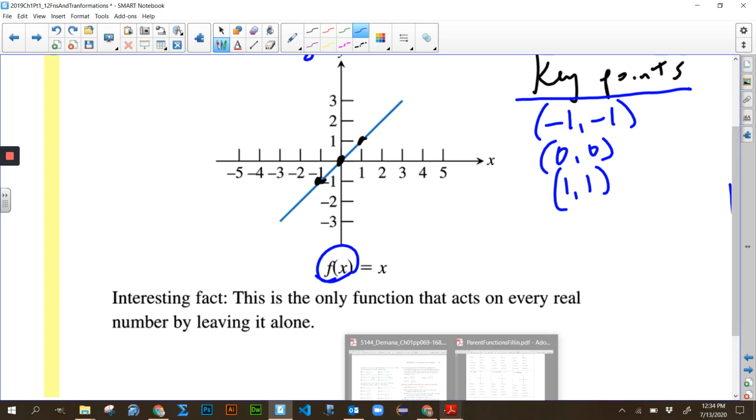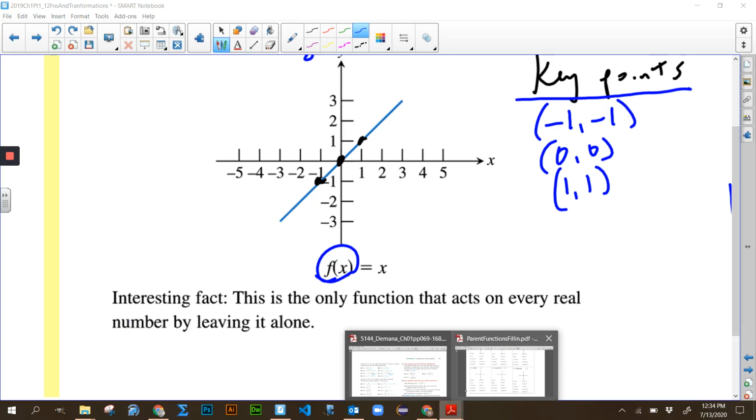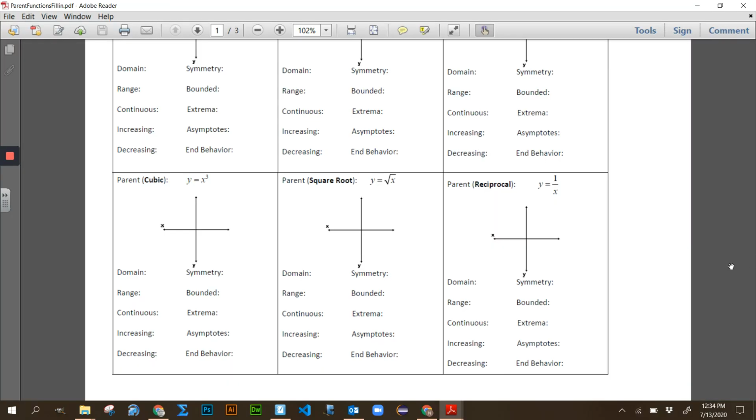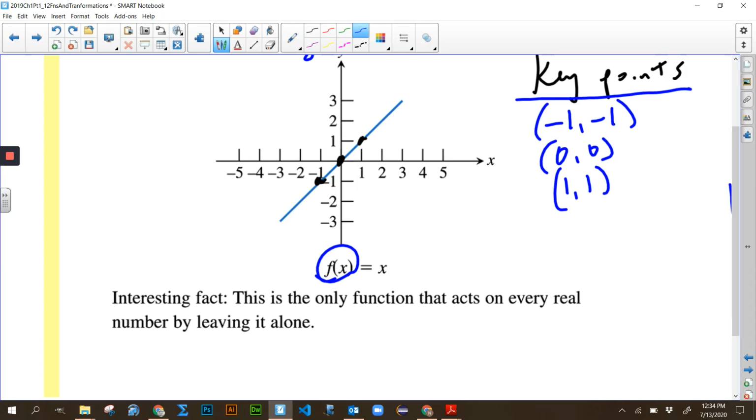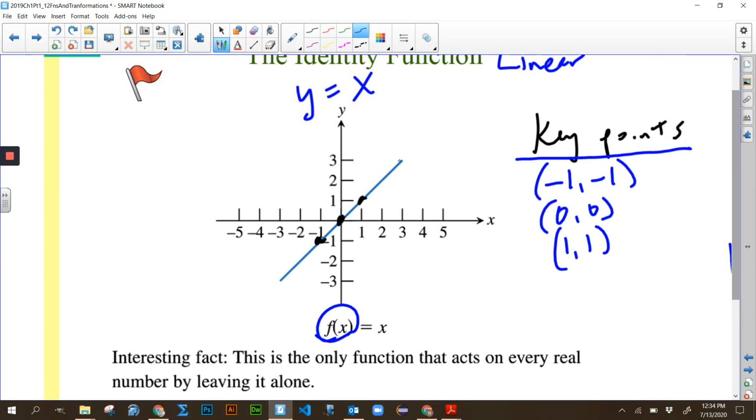All right, if we go to this sheet and look at the linear function, the domain should be all reals. You'll be looking at this and I'll be looking at my slides. Here, the x values for the domain can be any number because there's going to be a corresponding y part on the graph, so all reals for the domain.